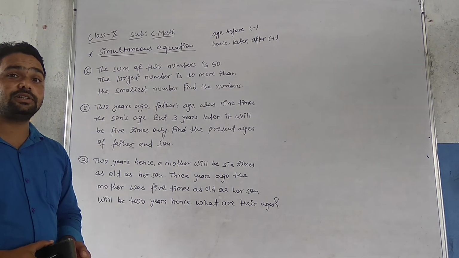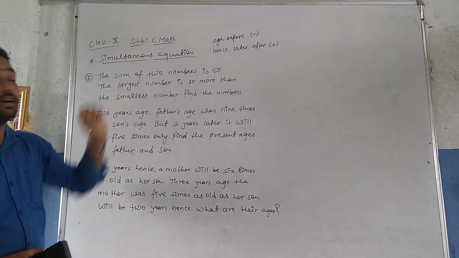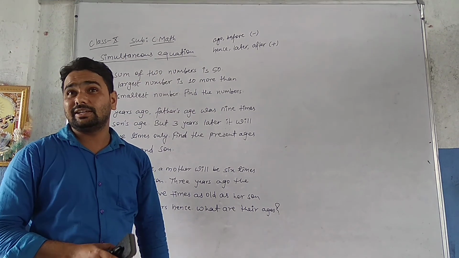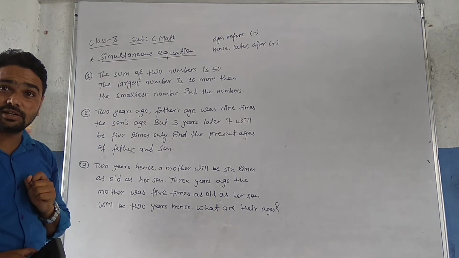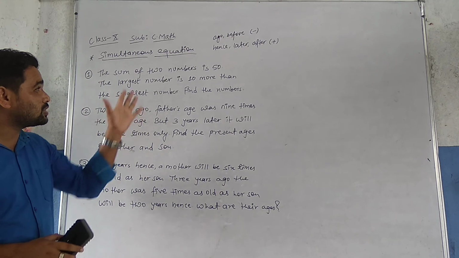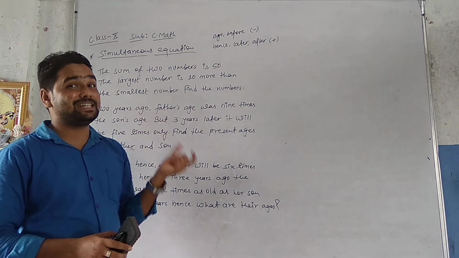Once again, I am here to run the same classes of class 9 subject compulsory mathematics, and we are in the simultaneous equation. Yesterday, we discussed the definition of the simultaneous equation and the elimination and substitution methods, how to solve the simultaneous equation if two unknown quantities are given.